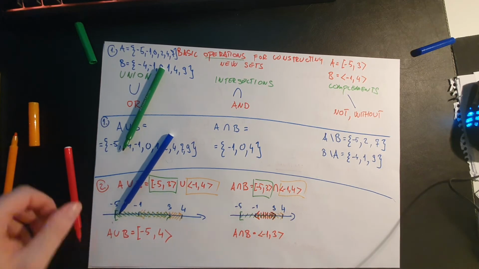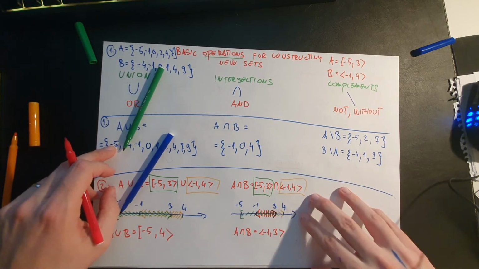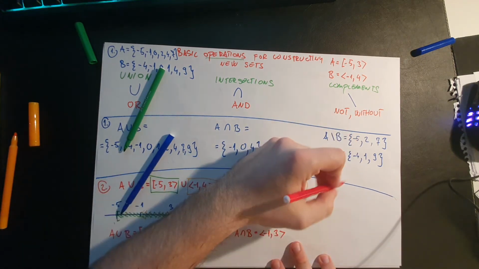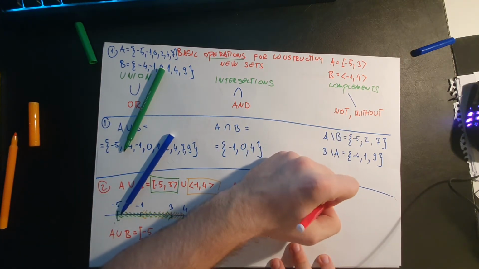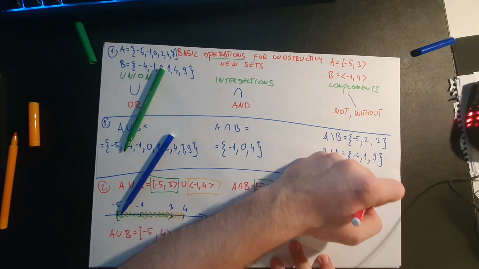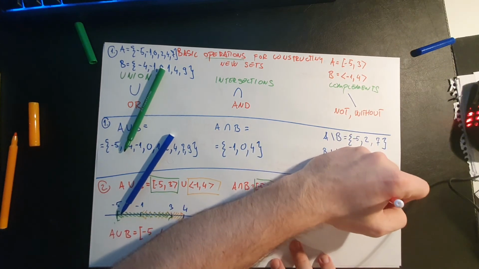Okay, the last situation we have is again complements. So let's see what's going to happen with the complements. Like in the first example, in this one, you're going to see that we have a little differences probably. We're going to check it out. So A without B means that we have -5 to 3 without -1 to 4.